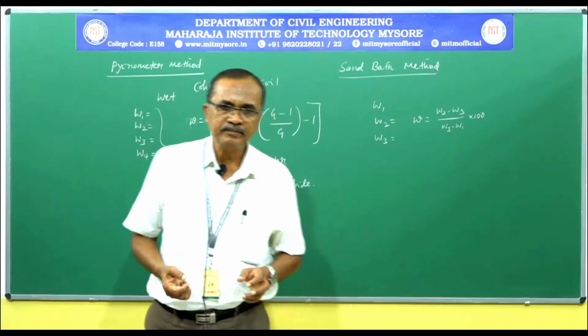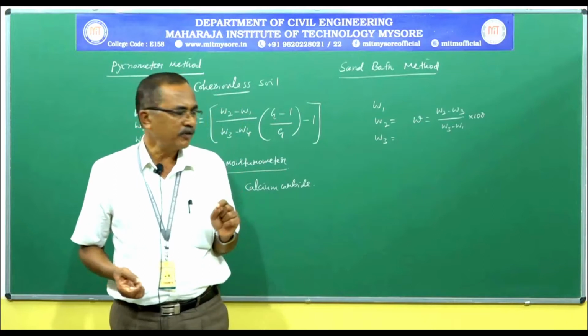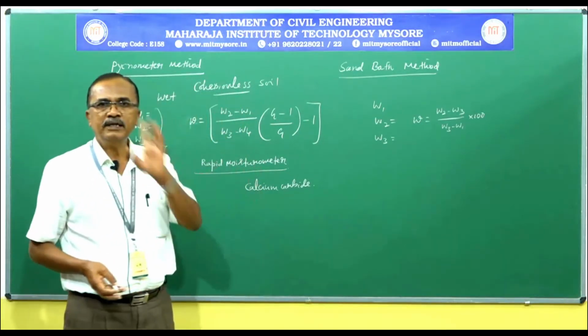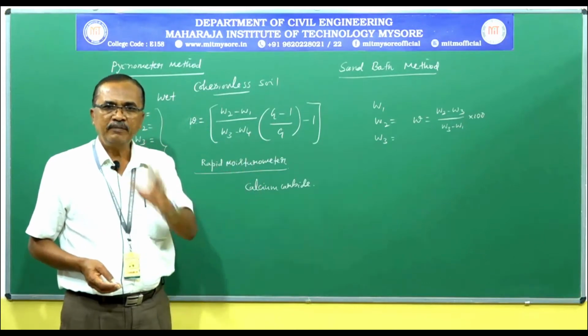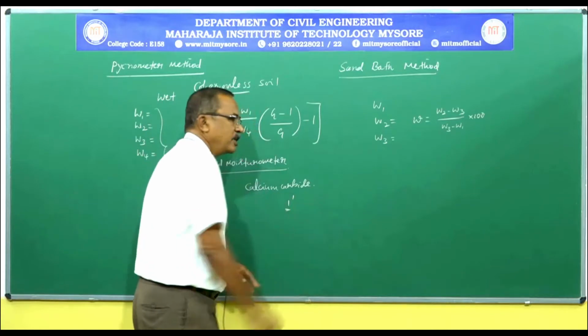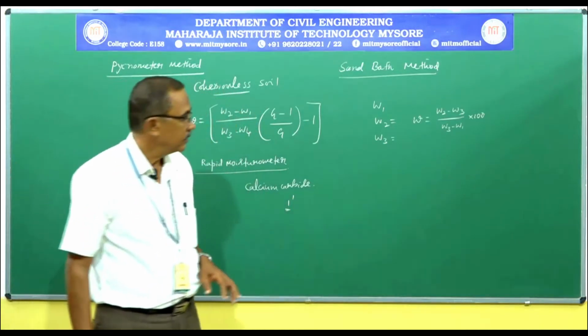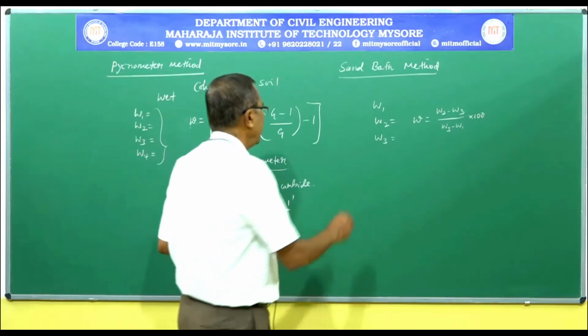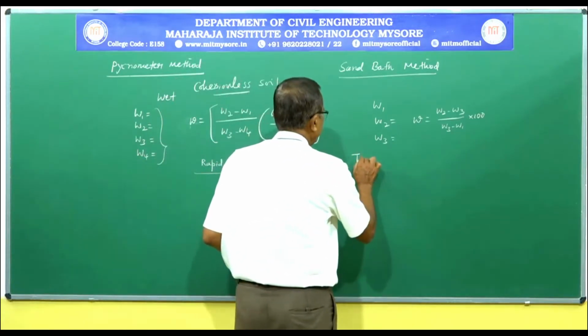Again it is a quick method. It is possible to find out the moisture content of soil by using this method within a minute. Again it is an approximate method. The last method of determination of moisture content is the torsion balance moisture method.